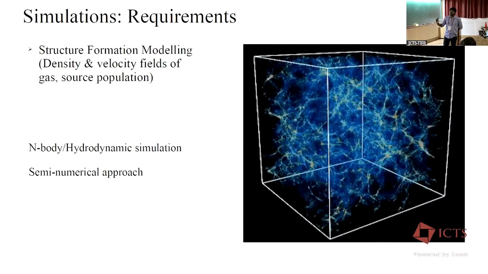So let's take a little bit of a deep look. What are the requirements for a simulation? We are trying to simulate this brightness temperature in a cube, and this is a signal from hydrogen. So first of all, we need to know how hydrogen is distributed.